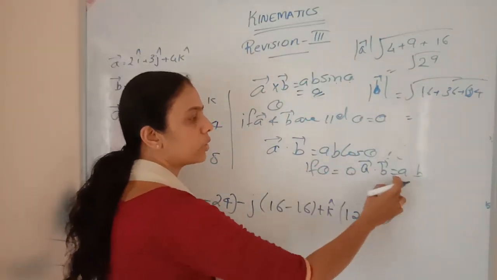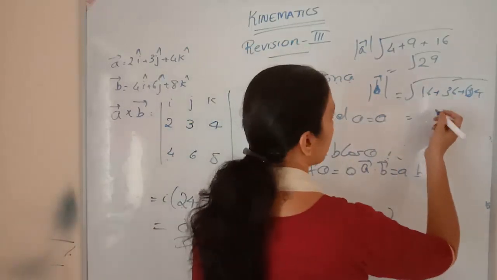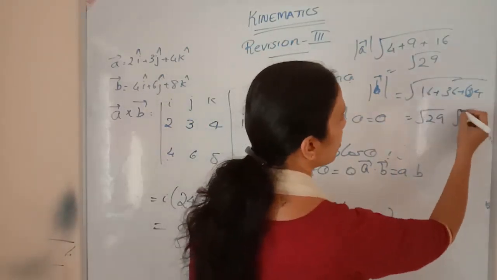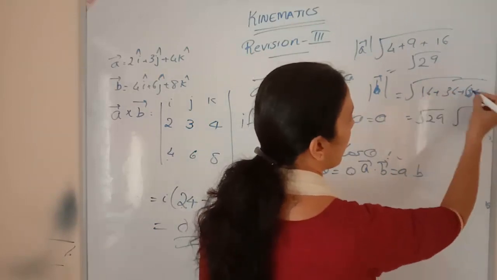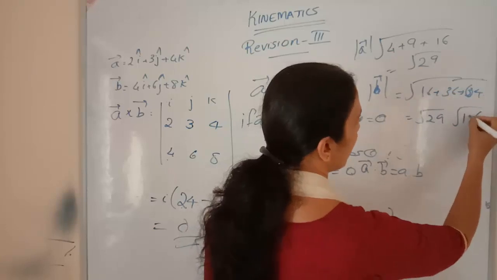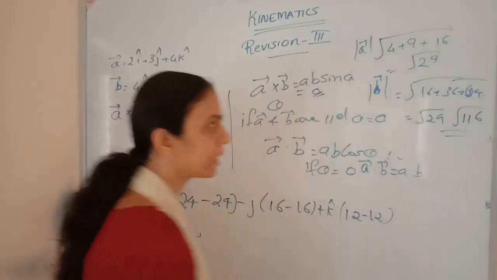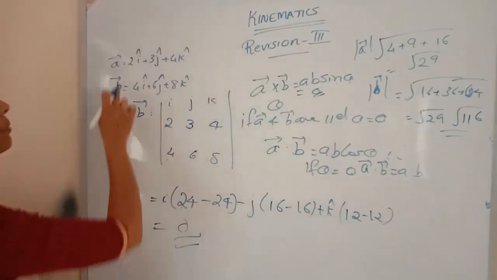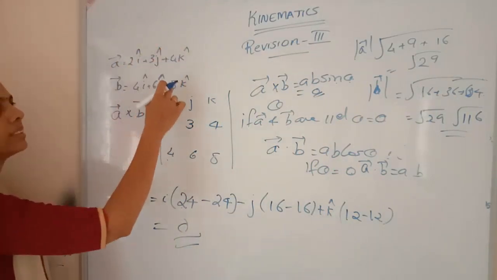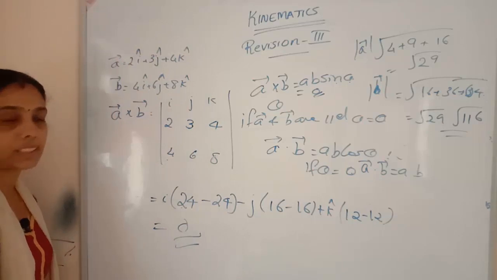Cos 0 is 1, so A dot B will be equal to AB. Here it is root 29 into root 116. Okay, this much we will get. Next, what you should do: A dot B means 8 plus 18 plus 24.